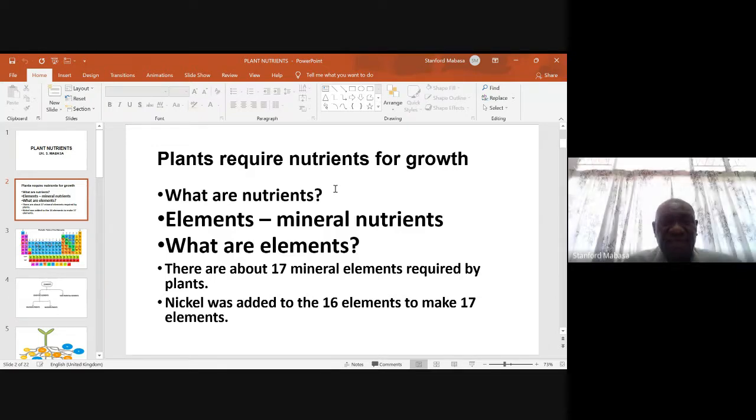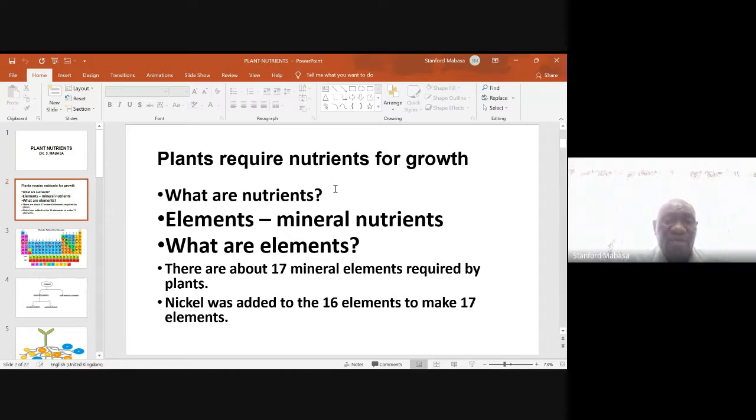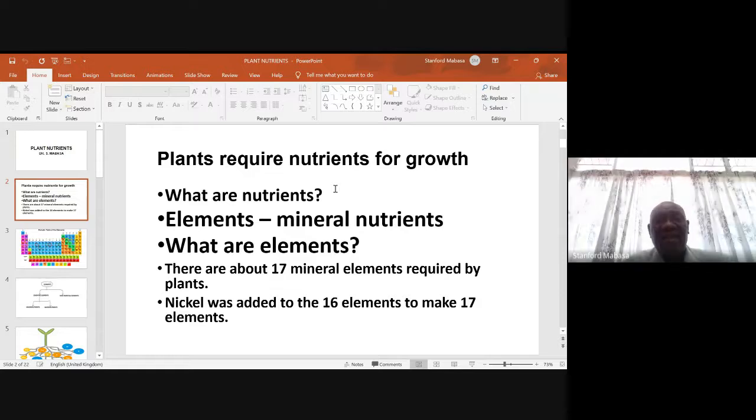These could be elements, mineral nutrients. What are elements? There are about 17 mineral elements which are required by plants. Nickel was added to the 16 elements to make 17 elements.